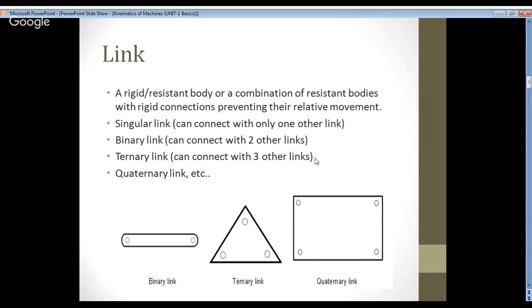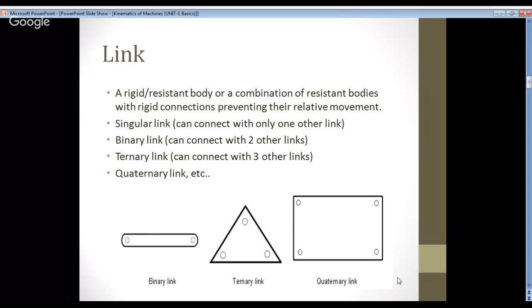Now, the most important term related to kinematics of machines is link, which you will come across again and again in the entire syllabus. A link is any body, rigid or resistant, or a combination of resistant bodies, used for transferring motion from one part to another. There are different types of links: singular, binary, ternary, and quaternary.